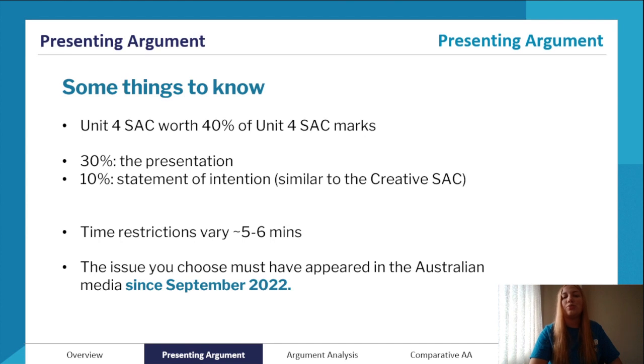You do have to choose a recent relevant issue. It has to have appeared in Australian media since September 2022. More specifically, you can just look at the year 2023. So if you see some interesting subjects of discussion that come up over, say, social media or the news, that can give you ideas for a topic to choose for your oral.